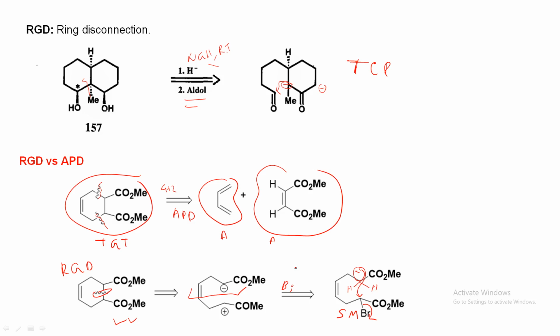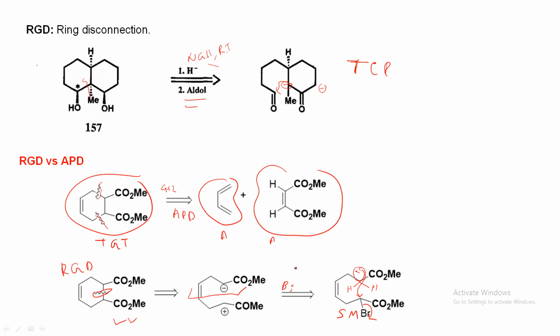With these tools, you would be able to make the bond disconnection properly and make small fragments, and you can find an economically feasible, also chemistry-wise favorable path to synthesize that molecule.